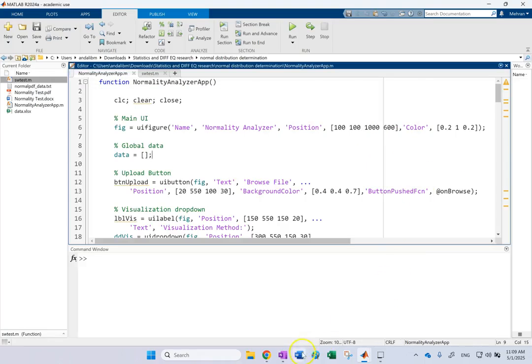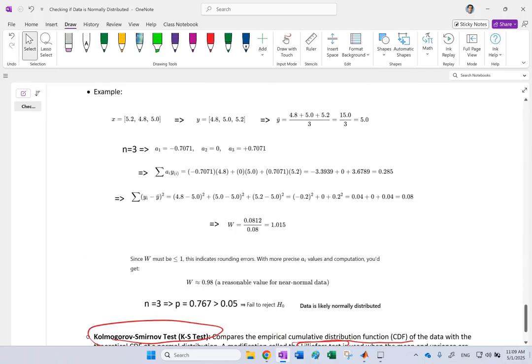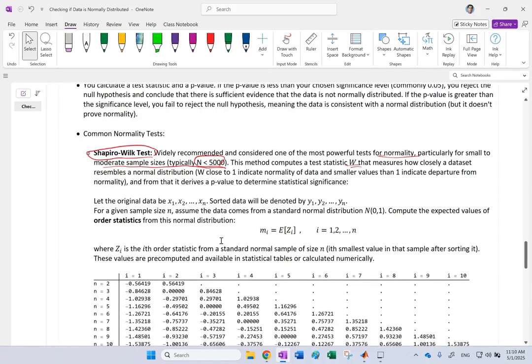But just to explain, the Kolmogorov-Smirnov test, KS test, and this AD test have built-in functions in MATLAB, and I'm going to show you. The Shapiro-Wilk does not have a built-in MATLAB function, but I downloaded the file for it from the MathWorks website, and I'm going to show you that one as well.